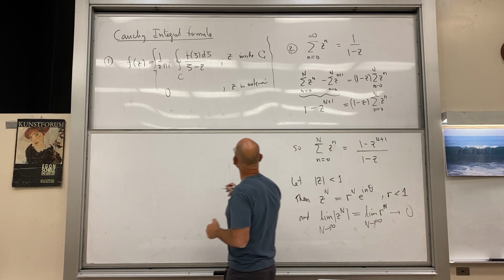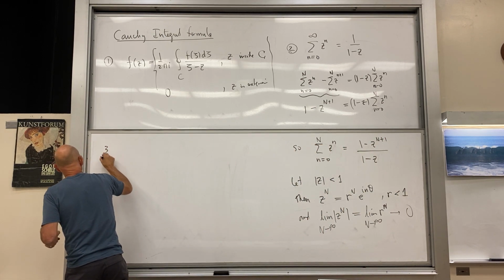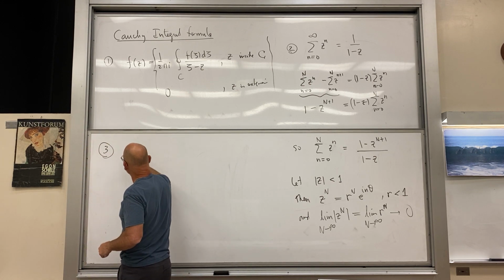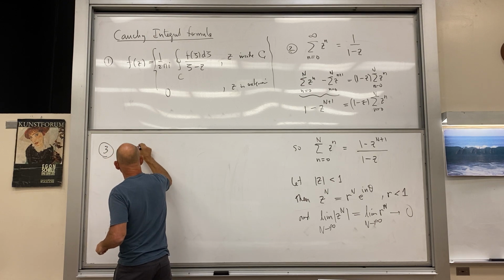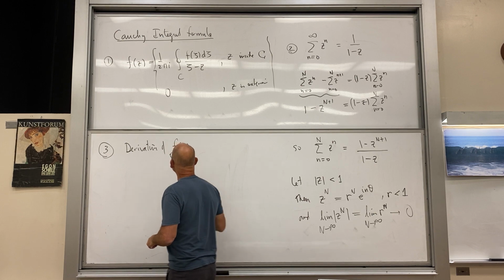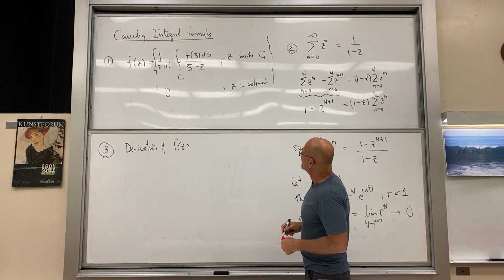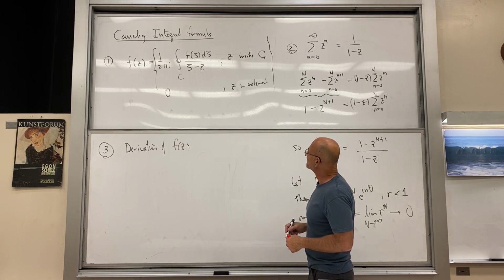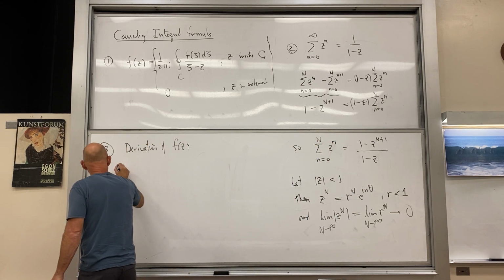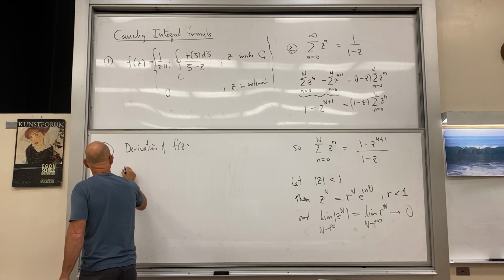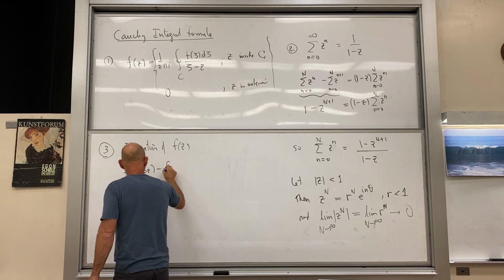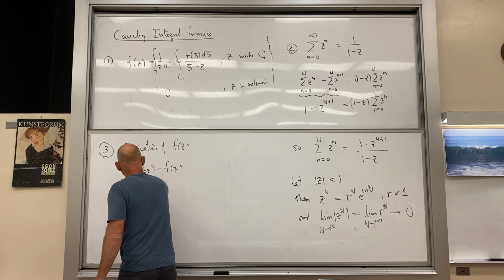So the first step, I'm numbering things, is to take the derivative of f of z in this form here. For the derivative of f of z, we'll just construct the difference quotient: f of z plus delta z minus f of z, divided by delta z.